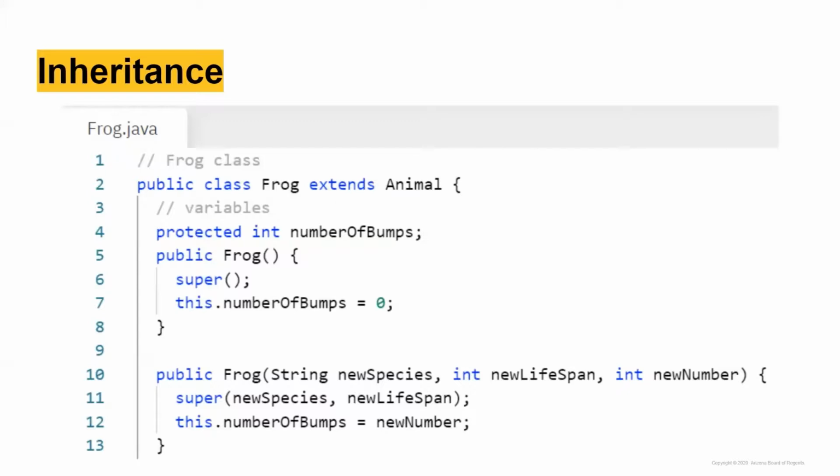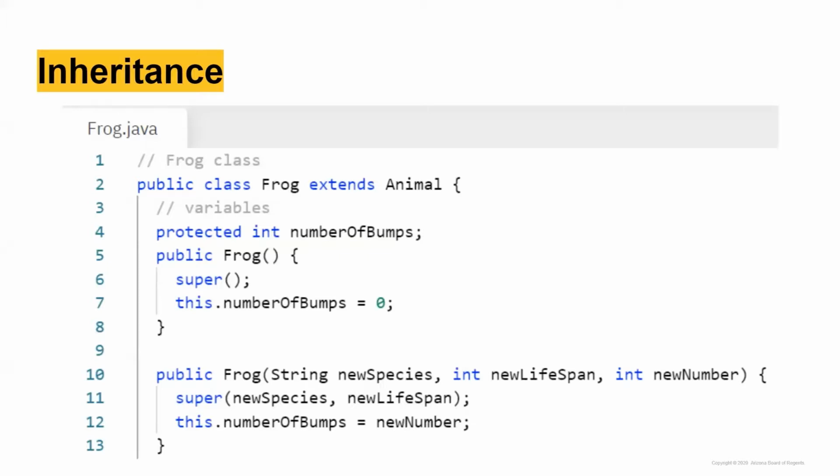And then we have a parameterized constructor called public frog. Again, it has the same name, but that's okay since it has a different number of parameters and different types of parameters. We want the string of the species name, an integer for its lifespan, and an integer.